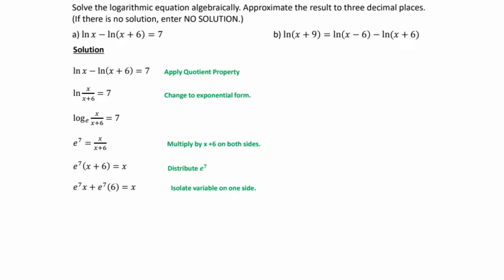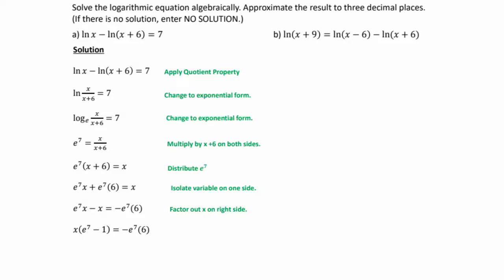So we have e to the 7 x plus e to the 7. Again, I keep getting ahead of myself. So let's do again what I just said. Move everything that has an x to the left, anything that does not have an x to the right. Doing this will allow me to factor out an x so I can isolate it.